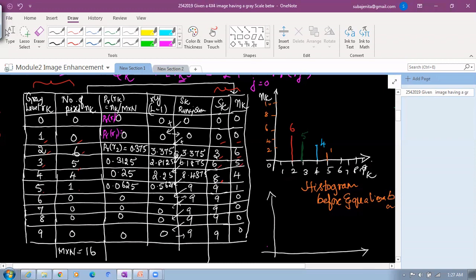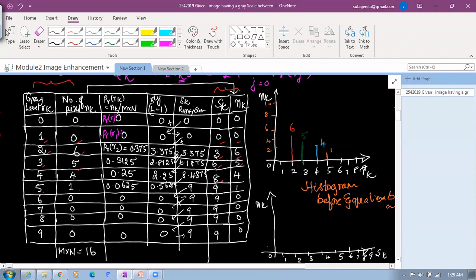It always gives a good presentation when you draw the graph directly below the histogram before equalization. This is a simple plot of k against nk, and the grayscale ranges from 0, 1, 2, 3, 4, 5, 6, 7, 8 and 9. This really gives a very good comparison between the histogram before and after equalization.